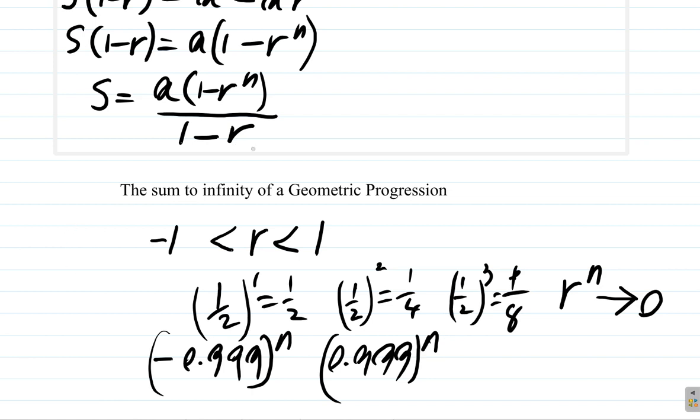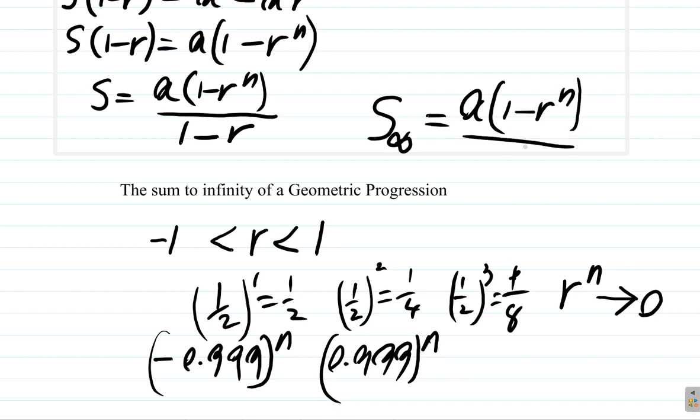Now, sum to infinity equals, what will this approach? You'd have a times 1 minus r to the n over 1 minus r. But what happened to the r to the n?